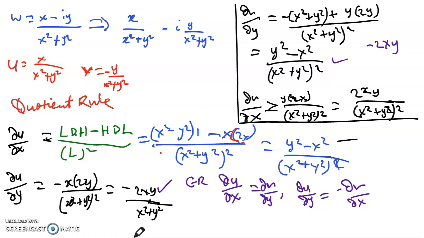If that is the case, we can conclude that the first equation has been satisfied, and negative 2xy has also been satisfied, as it is equal to negative 2xy as we have here. So this function is indeed analytic. So W is an analytic function.